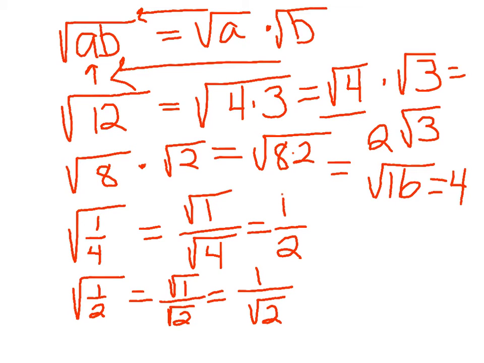Now, that's the proper value for the answer, but it's not correct in terms of math grammar. Math grammar says that I can't leave a root on the bottom. So I need to get rid of it somehow. But I can't just erase it because that would be changing the value. So I have to do something to this to get rid of my root on the bottom, but not change the value of what this is.